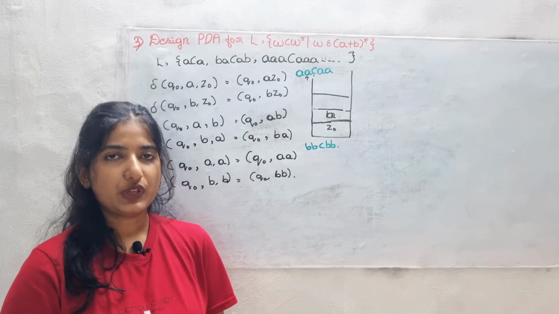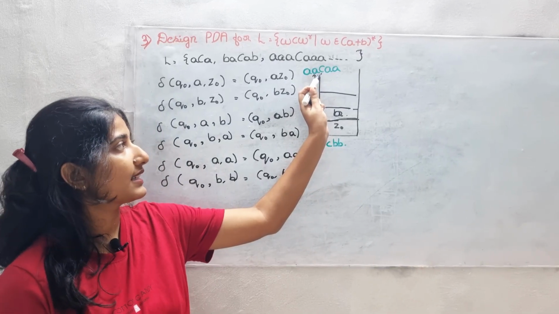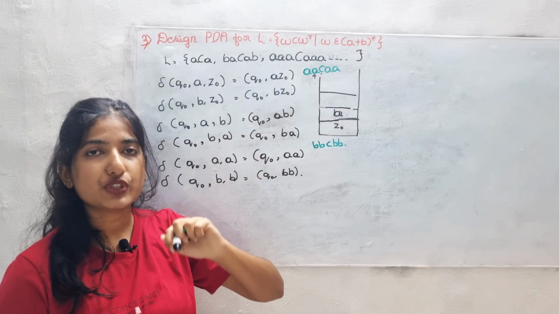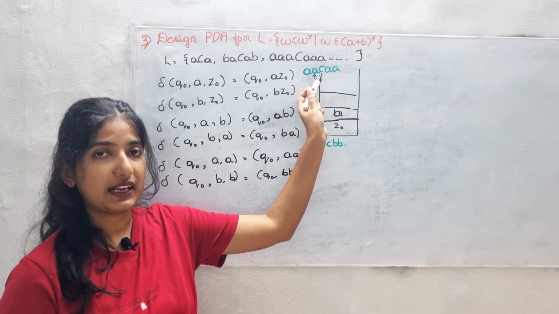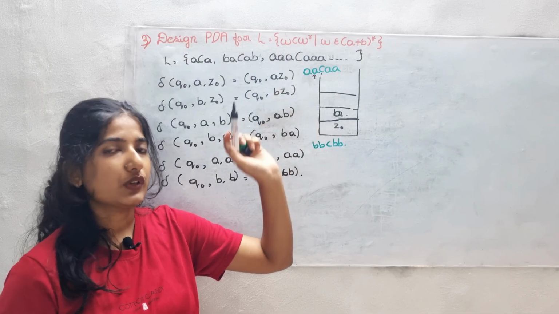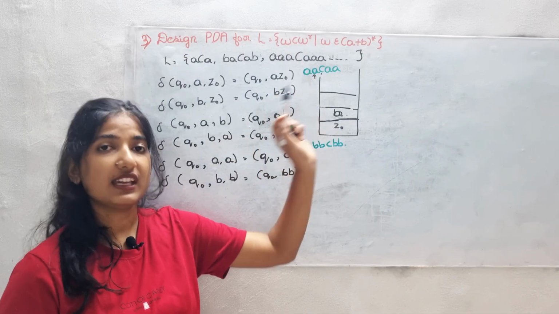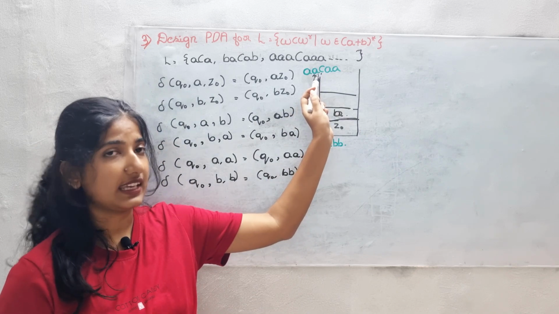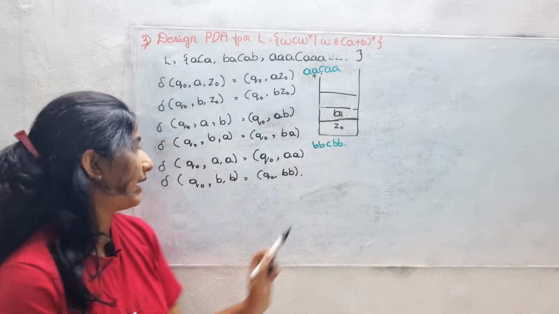Now what to do if I get marker C? There is no need to push or pop, right? The marker C represents the point where we switch between push and pop. So we just need to change the state when we get this C, and the stack will remain the same.